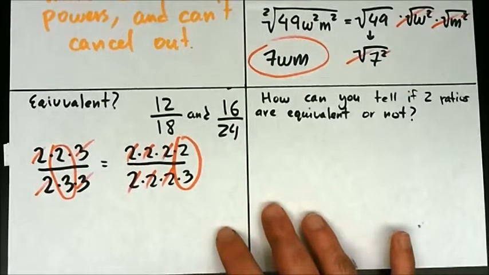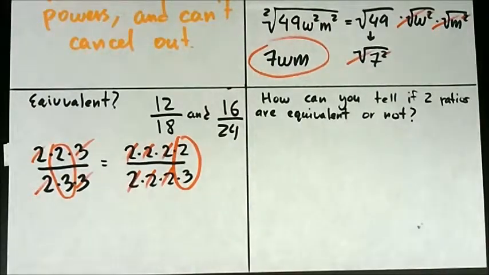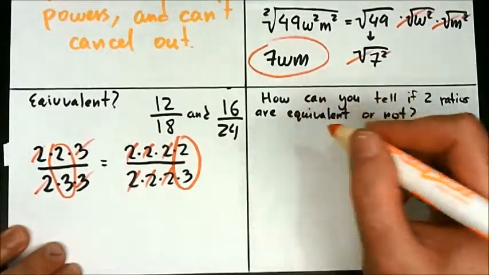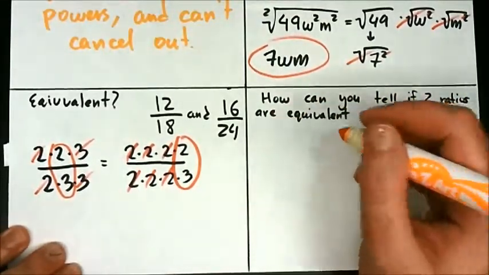Next problem. How can you tell if 2 ratios are equivalent or not? Well, we kind of just did it. But essentially, you simplify them, you put them in their simplest forms.